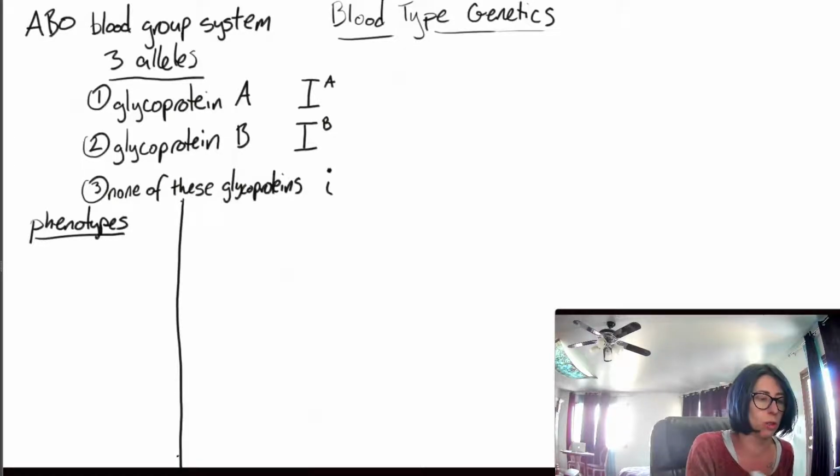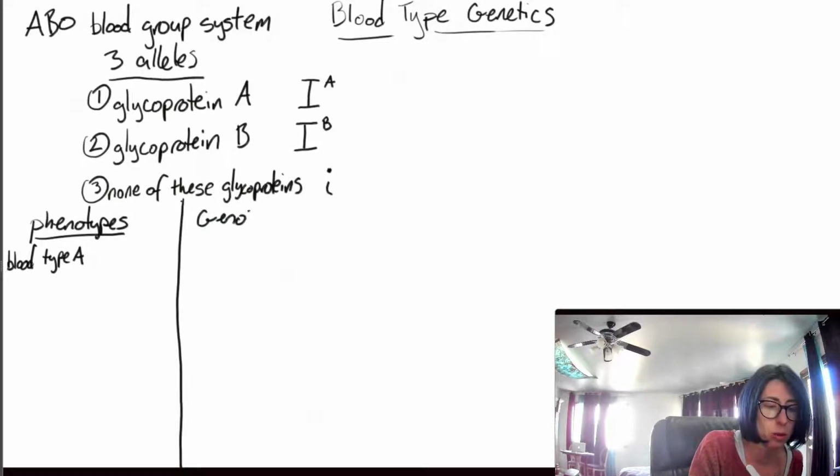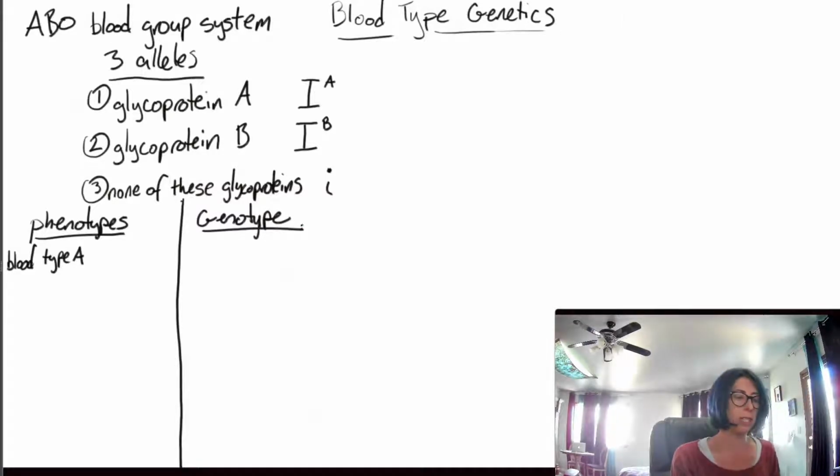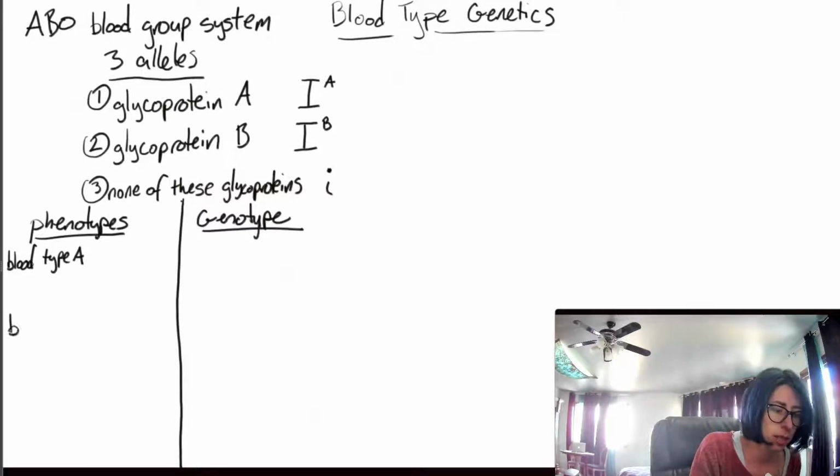So you can have a phenotype for blood type A. So blood type A. And I'll put genotype over here so you know what we're about to do. Genotype. Genotype is what your genetic code actually is. So blood type A, blood type B.